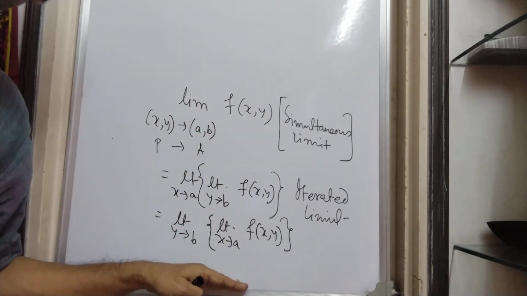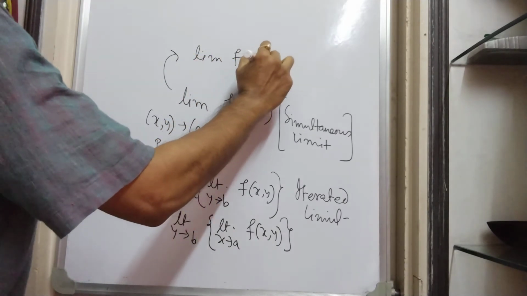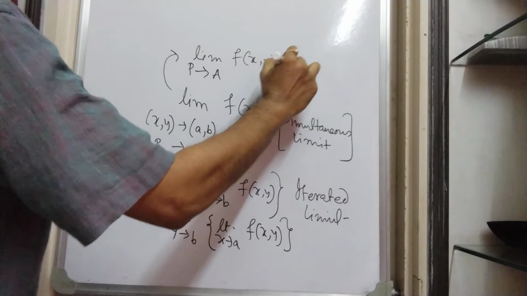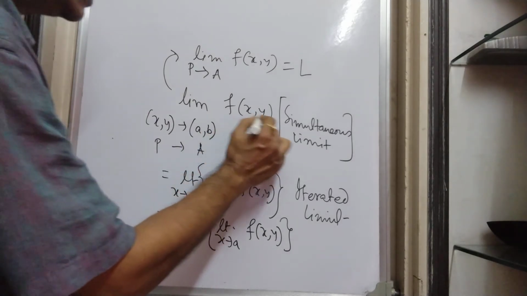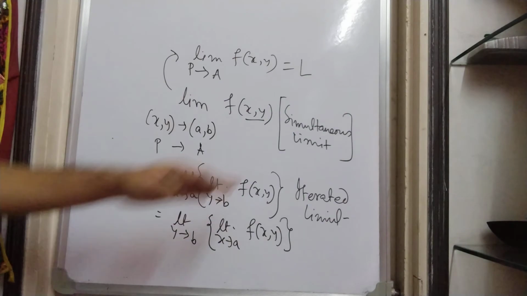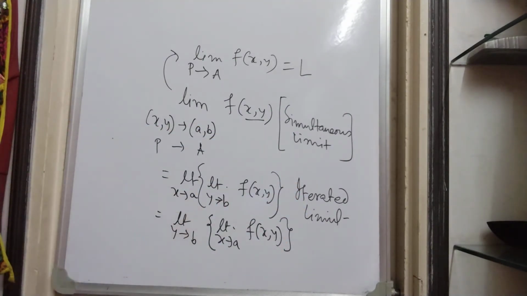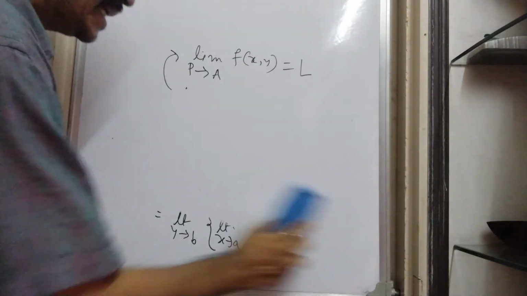And whenever these three limits exist, then only we can say that the limit of f(x,y) as P tends to A has a definite value L. The definition by sequence and epsilon-delta goes hand in hand.